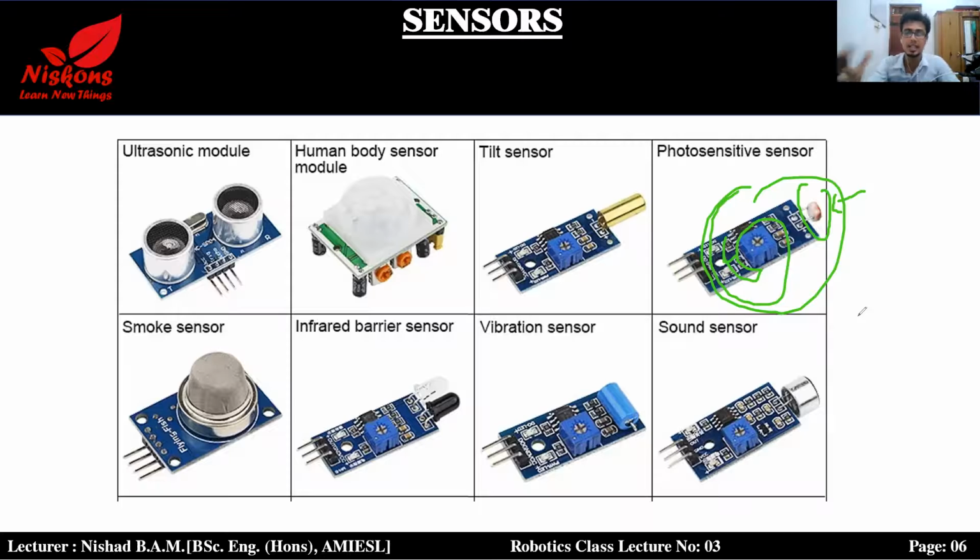If the environment is dark, or we place the sensor at night, there will be no signal. So can you think of any ideas using this sensor?